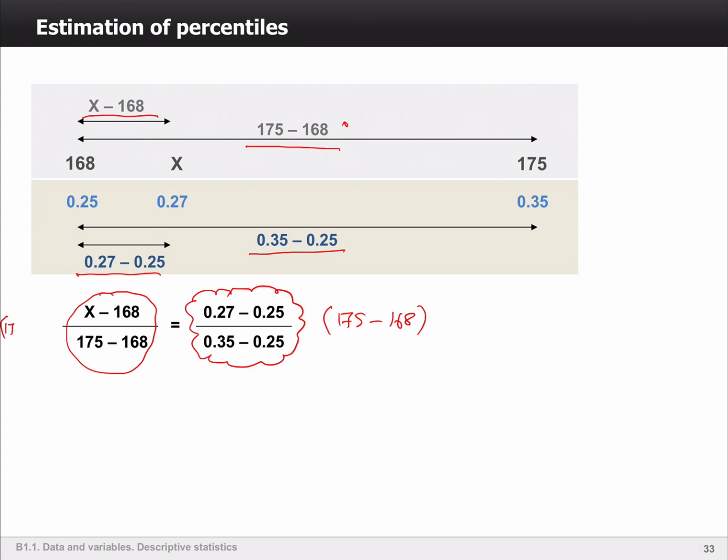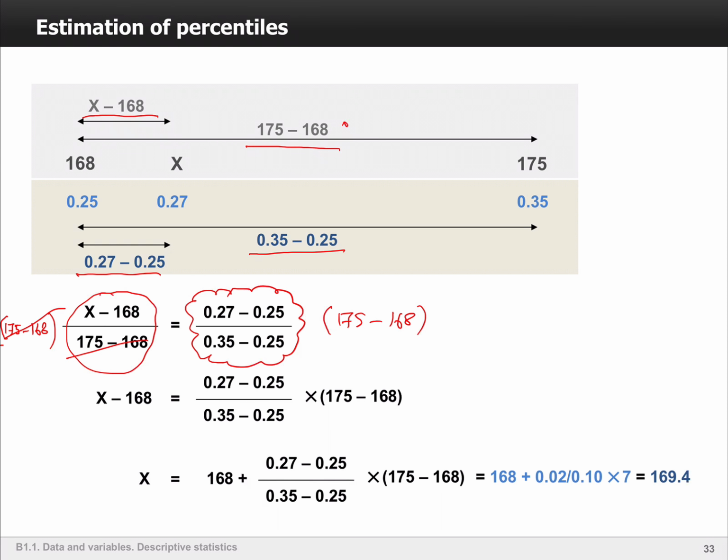So we can get rid of this one and come to this. And now we just need to add 168 to both parts. So we will end up with this formula. By doing simple arithmetical calculations, we find that the value we are looking for is 169.4, which is a little bit larger than 168. So this is our 27th percentile for our data.